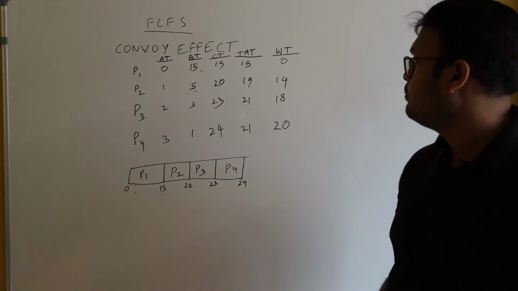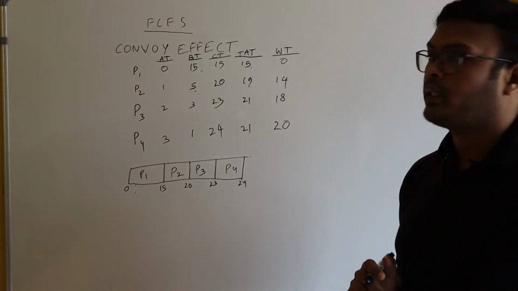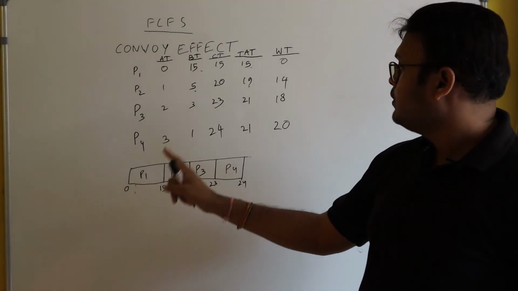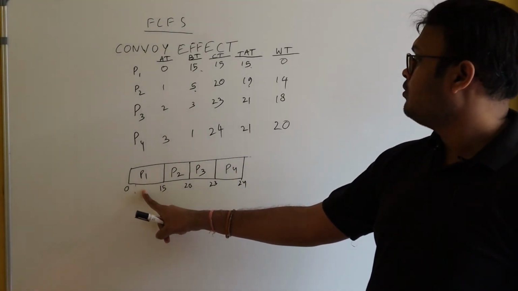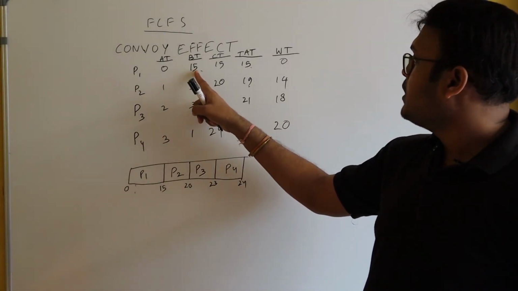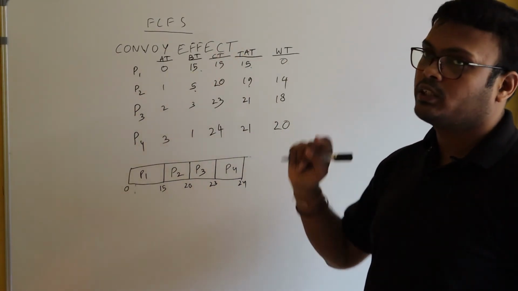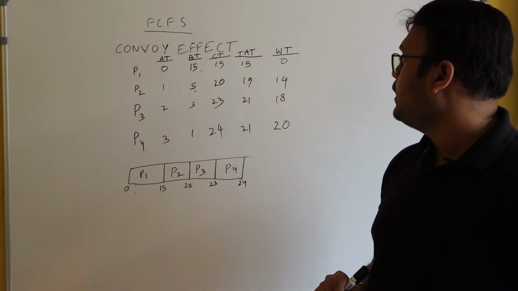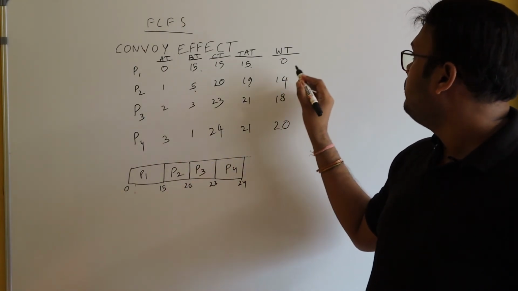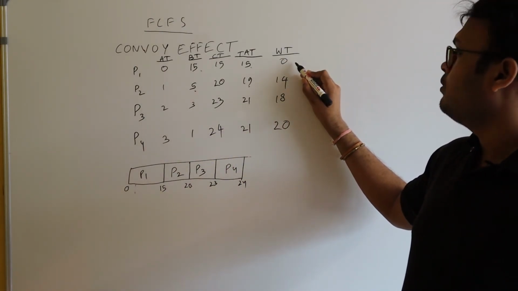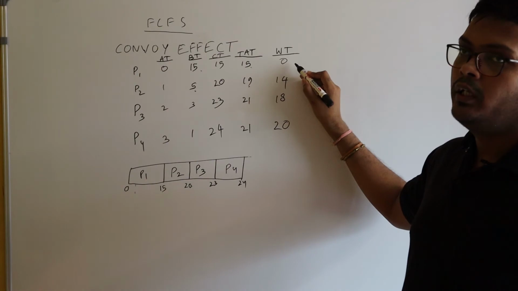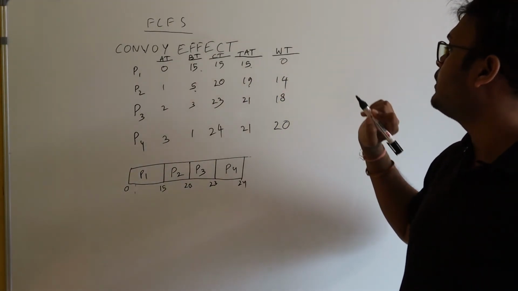So now you see how convoy effect is happening. Here, P1 arrived first, and the burst time of P1 was highest. But P1 didn't wait for a single second. Immediately it got scheduled since it arrived earlier.